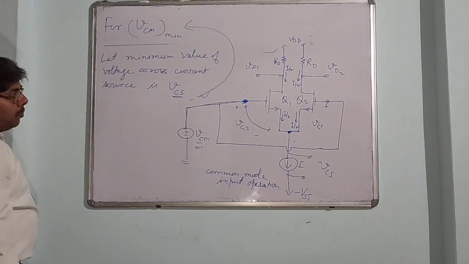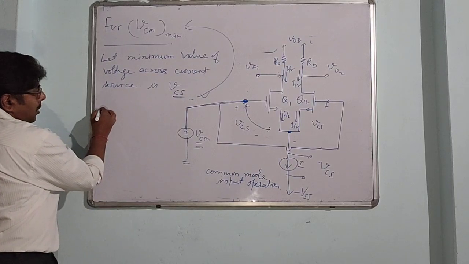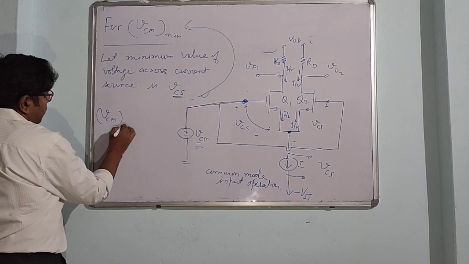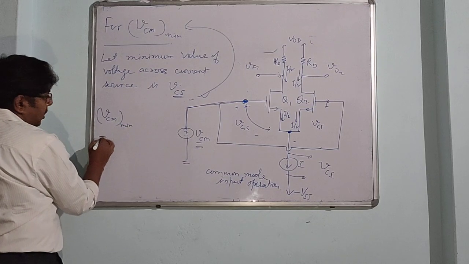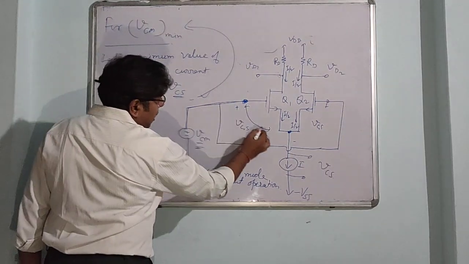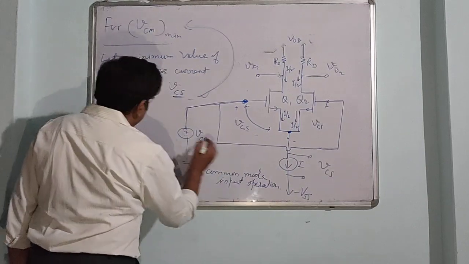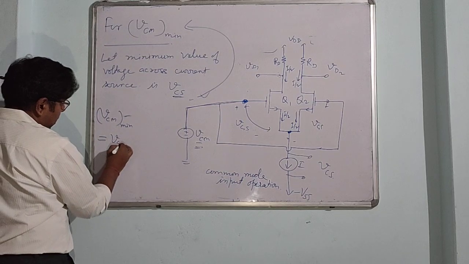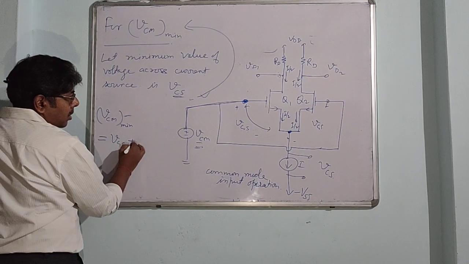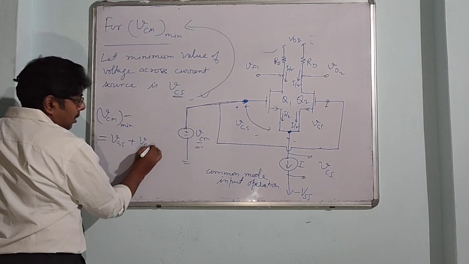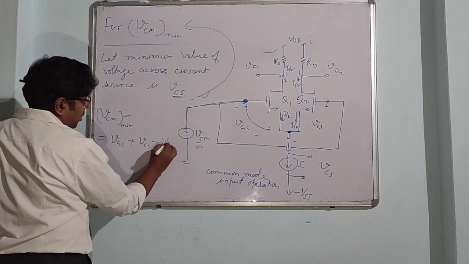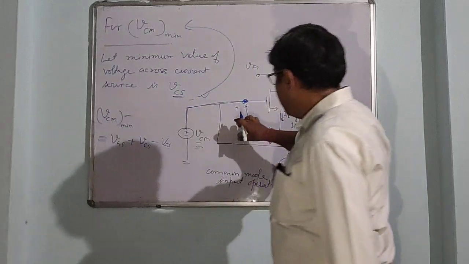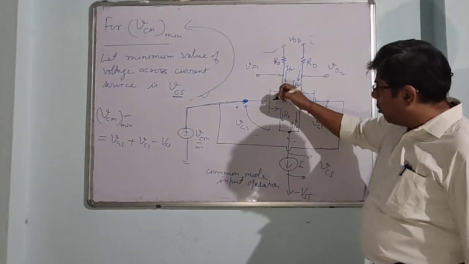So you can write VCM minimum. This is given by VGS plus VCS minus VSS, because this is the total drop and it must be equal to the sum of three drops.